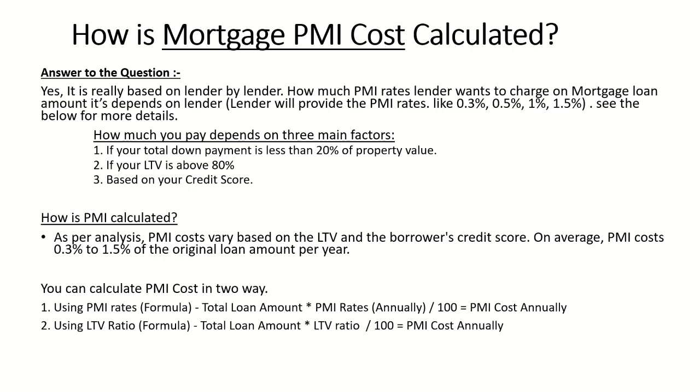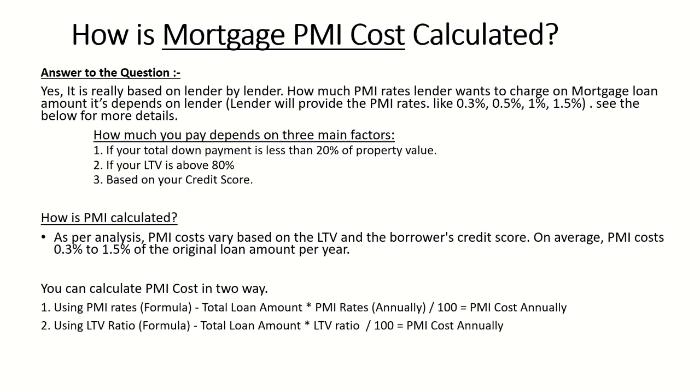So these are two formulas to calculate the PMI cost. In the first formula you have to know the PMI rates, what PMI rate the lender will charge on the mortgage loan amount. And in the second one, using the LTV ratio, you don't need to ask anything from the client or lenders.